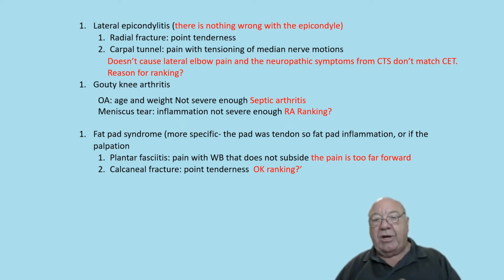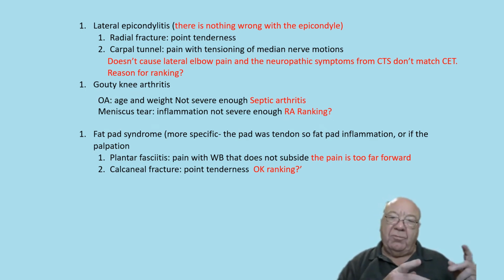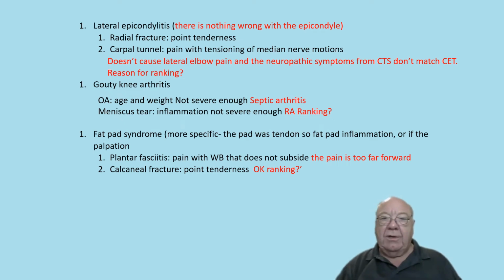So if I've got a calf tear, I can rank the differential in any order I want, from probable to least probable, from easiest to test to least easy to test. More importantly in this case, though, is from serious to non-serious. So the serious diagnosis for a calf tear is a DVT.